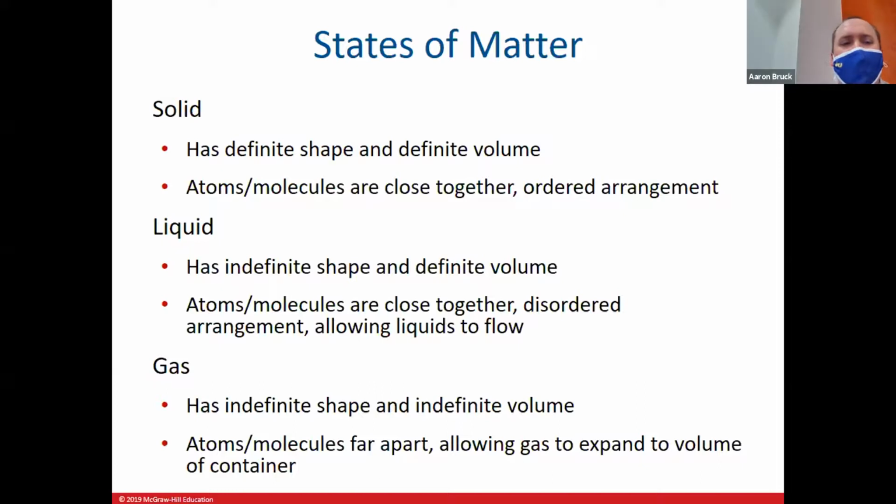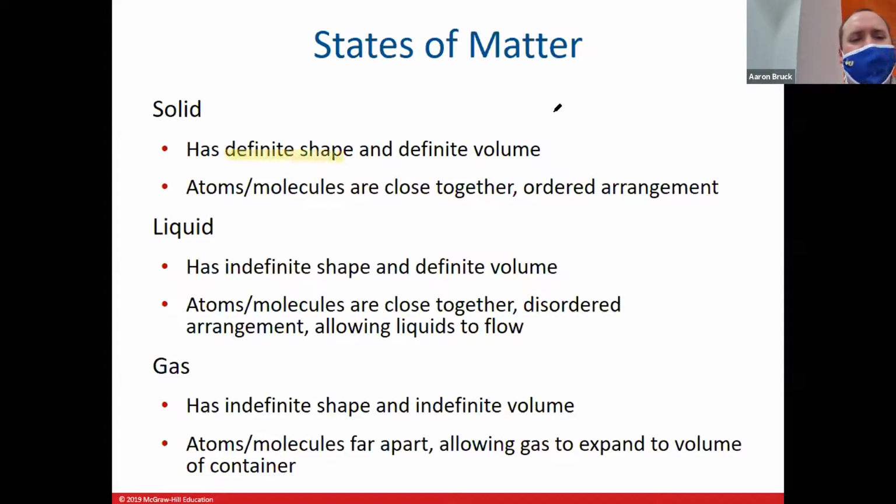So when we talk about a solid, things that we can pull out about solids: solids have a defined shape and a defined volume. That's what makes a solid a solid. On the flip end, gases have neither of those properties.